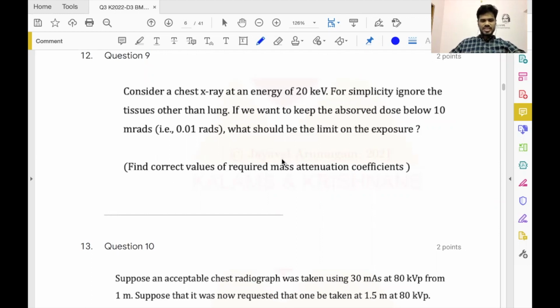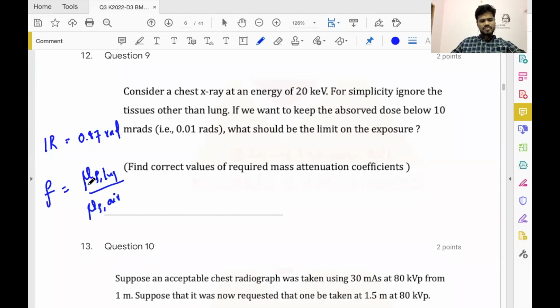Quickly, how are Roentgen and rads related? 0.87 rad per Roentgen, right? There's one relation, and f is mu over rho of lung by mu over rho of air.